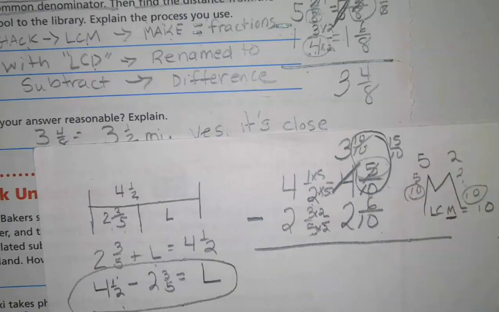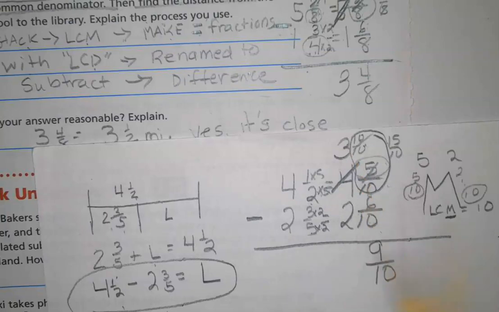15/10 minus 6/10 is 9/10. And 3 minus 2 is 1. So I know that this missing amount over here that they spent on land is 1 9/10.